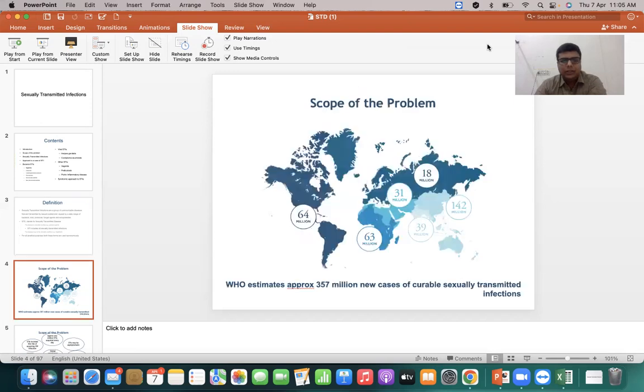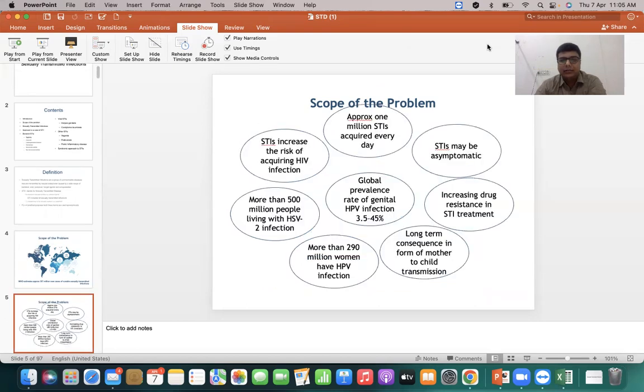According to WHO, there are approximately 357 million new cases of curable sexually transmitted infections every year. So approximately 1 million STIs are acquired every day. And the global prevalence of genital HPV is 3.5 to 4.45%.